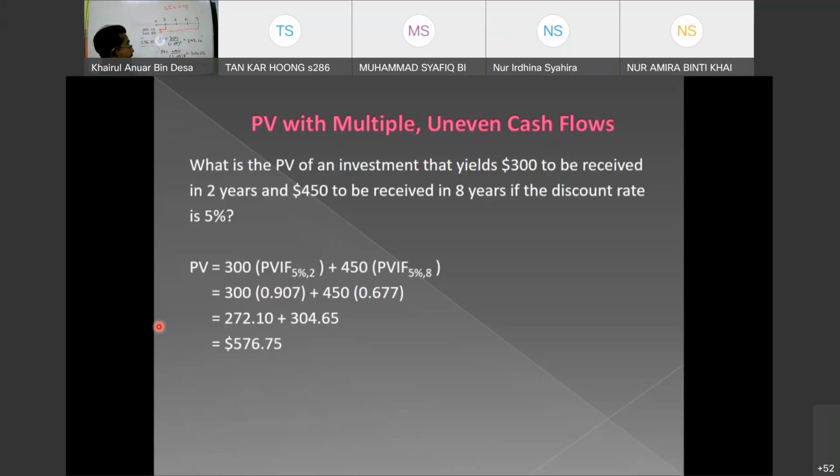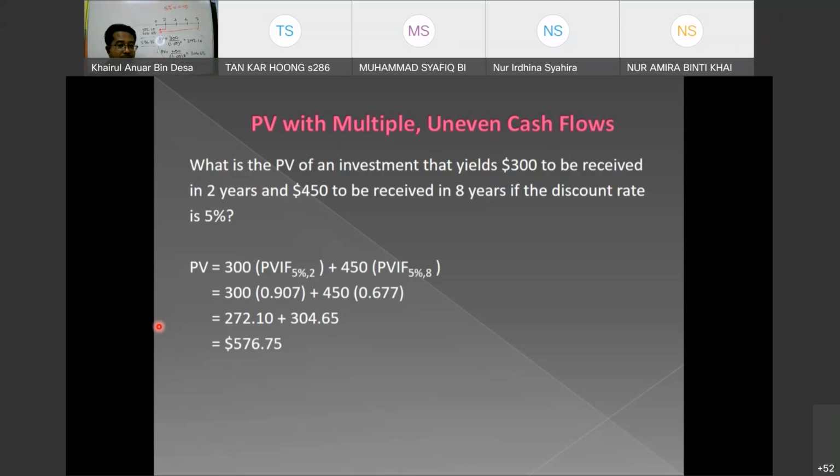Sama step dia macam tadi. Tekan dulu 1.05 in power of 8. Dapat nilai dia, simpan dalam memory. Tapi sebelum tu you kena clear memory first. Shift clear memory. Kalau tidak, memory tu akan compound.